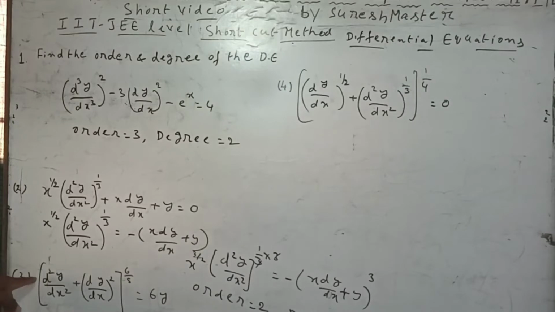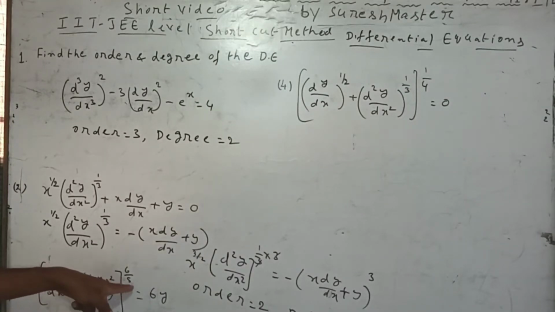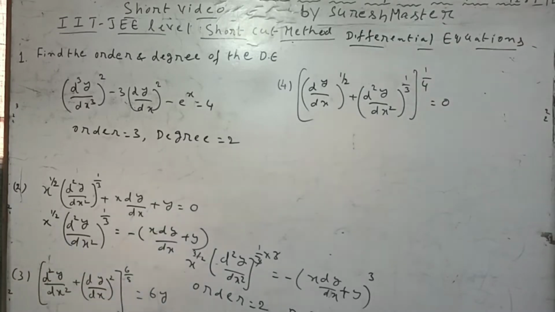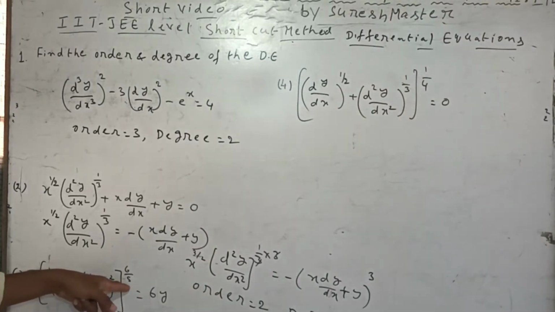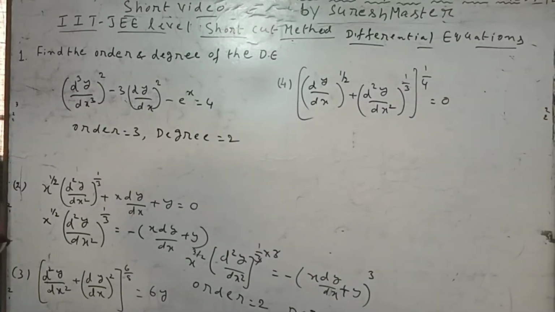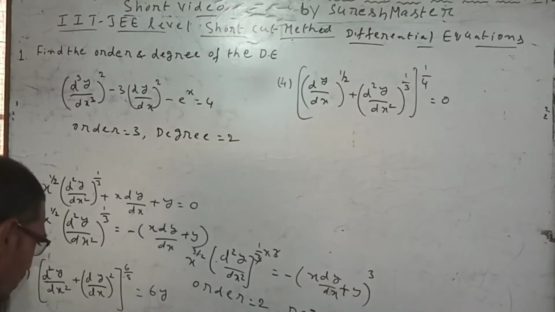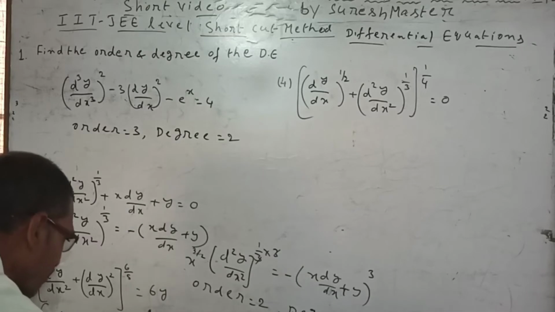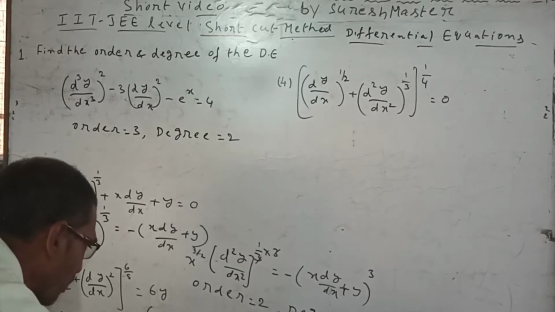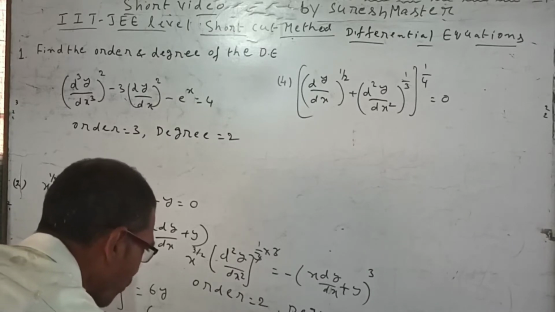Next we see one more problem. (d square y by dx square plus dy by dx whole square) power 5 by 6 equals 6y. Here the exponent is 5 by 6. We do some simplification. We raise to the power 6 by 5 on both sides: (d square y by dx square plus dy by dx) whole power 6 by 5 into 5 by 6 equal to (6y) power 5 by 6.